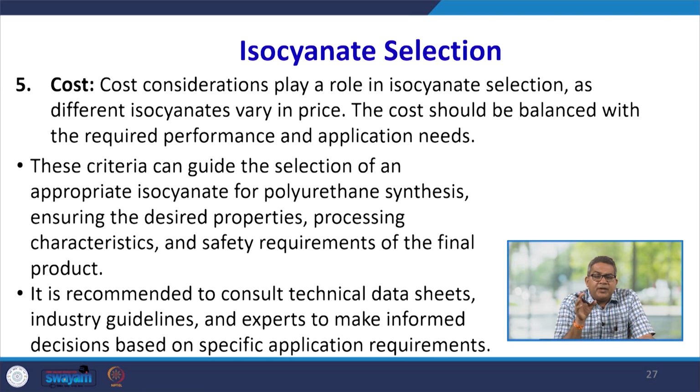Now, these 5 criteria we discussed in the previous slides can guide the selection of an appropriate isocyanate for polyurethane synthesis, and they ensure the desired properties, processing characteristics, and safety requirements of the final product.